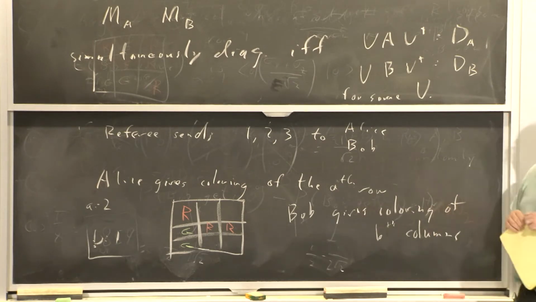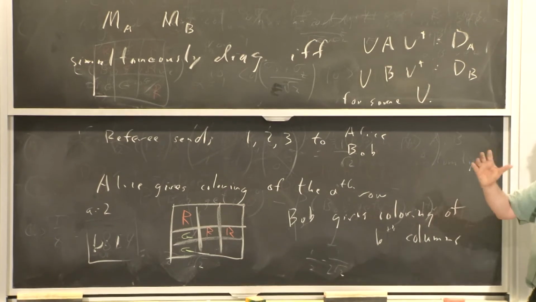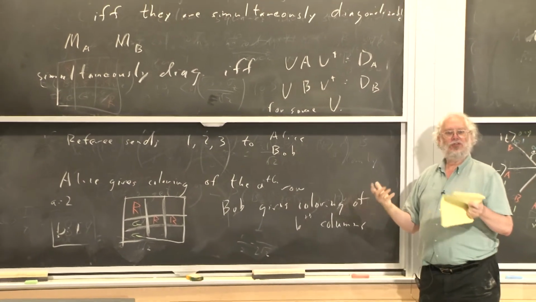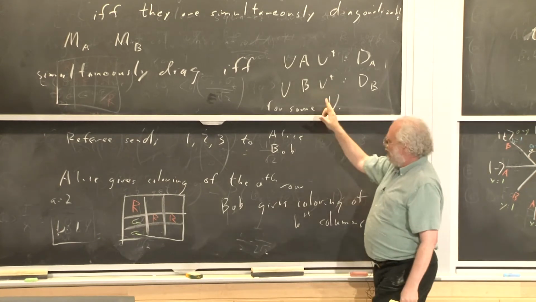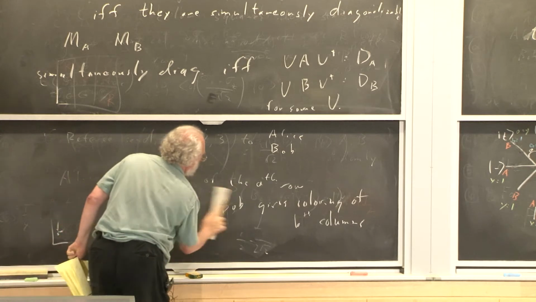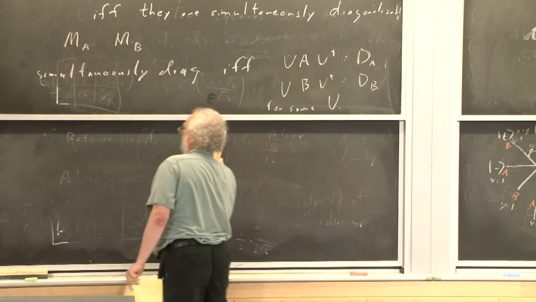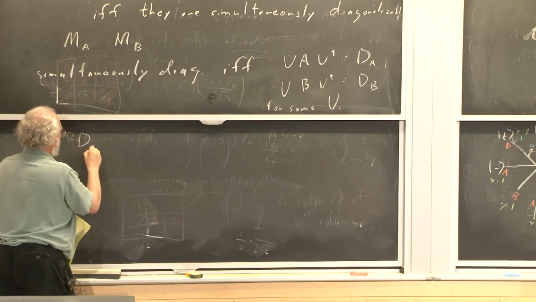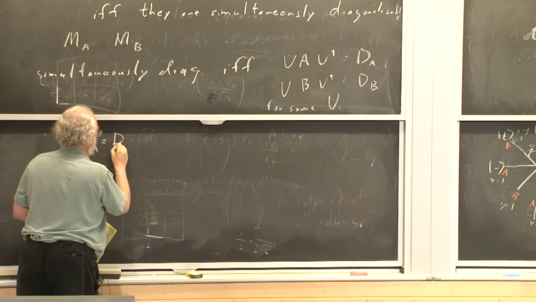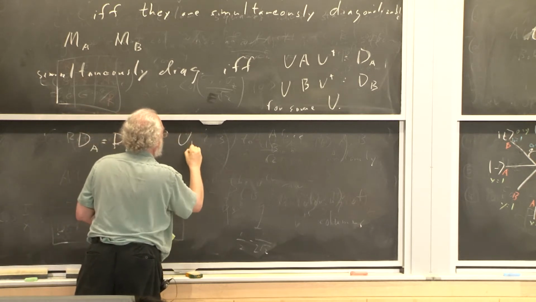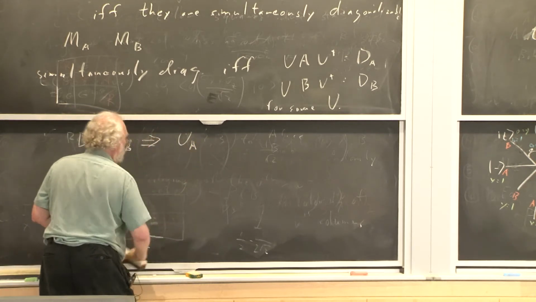So the first thing is if they're simultaneously diagonalizable, then they have to commute, because dA and dB are diagonal matrices, so they commute.